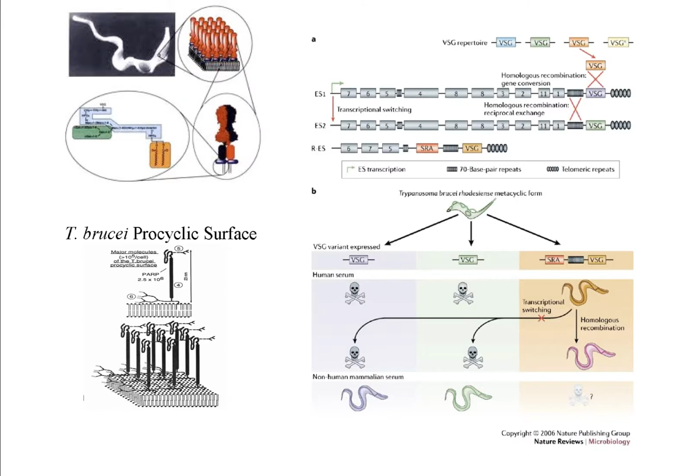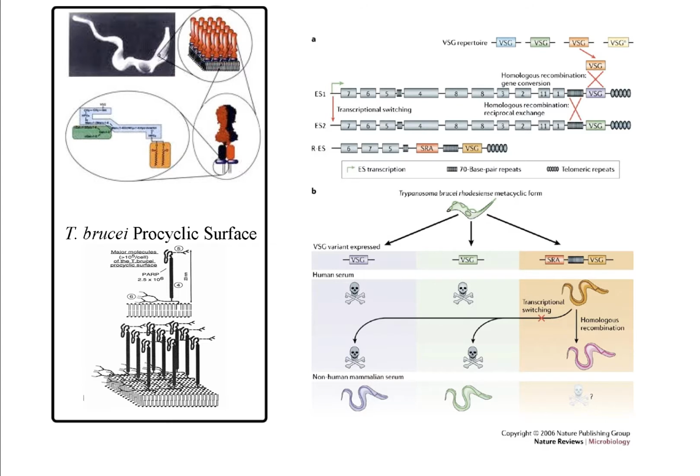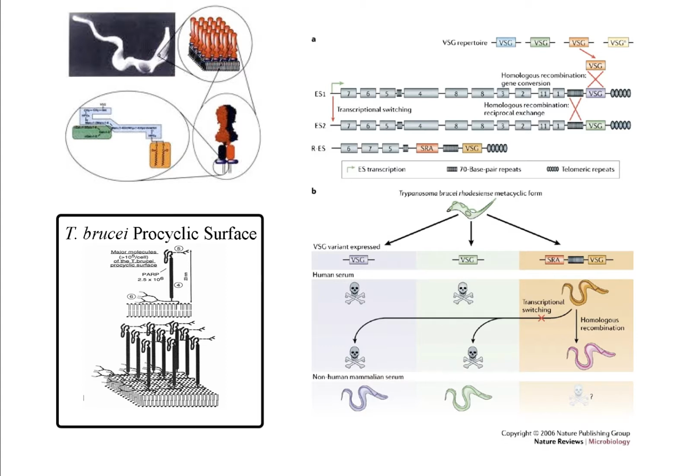So here are a few examples of how they have caused advances in evolution. If you look at Trypanosoma brucei, it has a surface on its flagella where there's a protein sticking out, and that's what the immune system of the host organism reacts with.